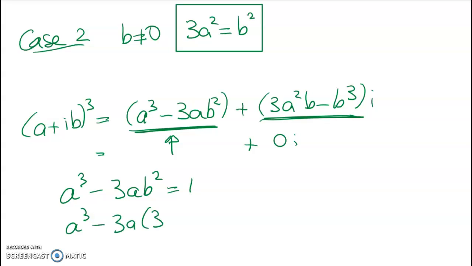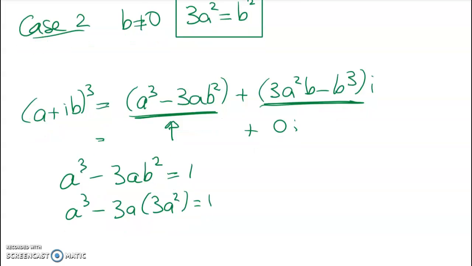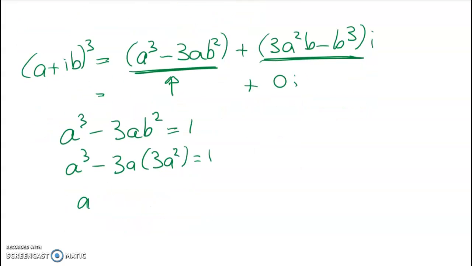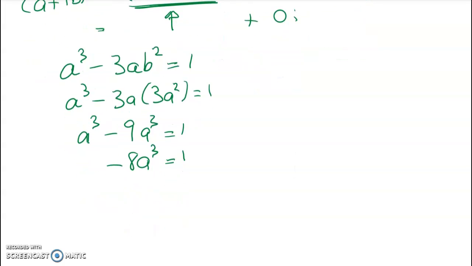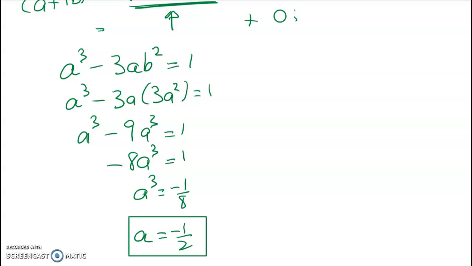So substitute directly for that, and I get a cubed minus 9a cubed is equal to 1. Negative 8a cubed is equal to 1. a cubed is equal to negative 1/8, and a is equal to negative 1/2.